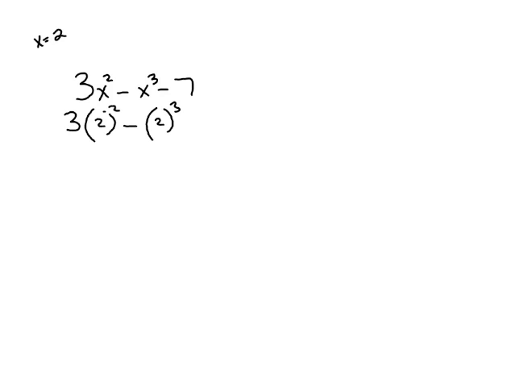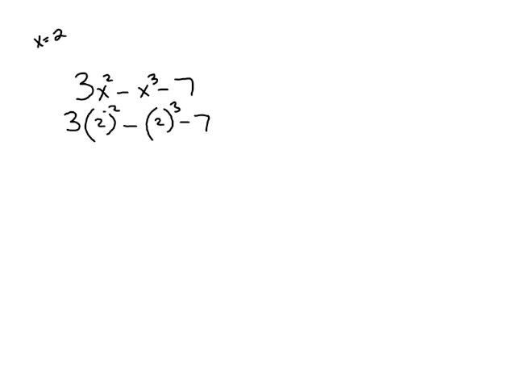What about if I have 3x squared minus x cubed minus 7? Let's say my x value is 2. So solve 3 times 2 squared minus 2 cubed minus 7.